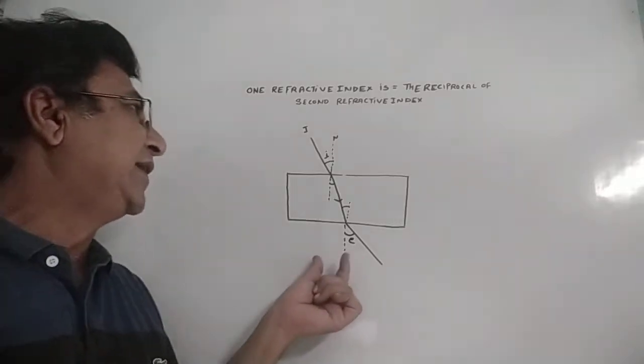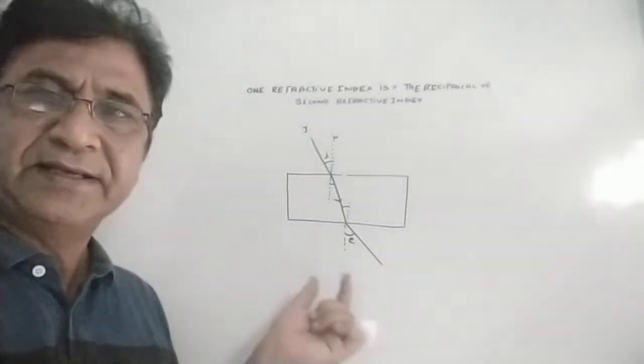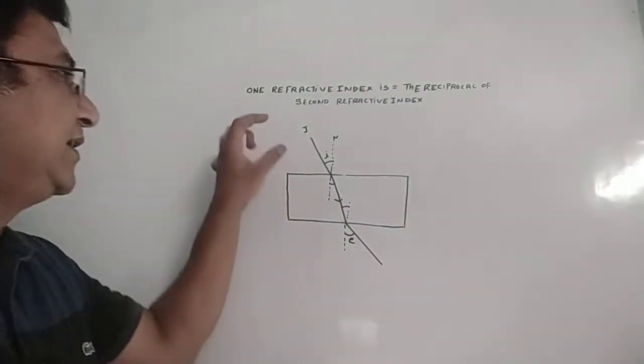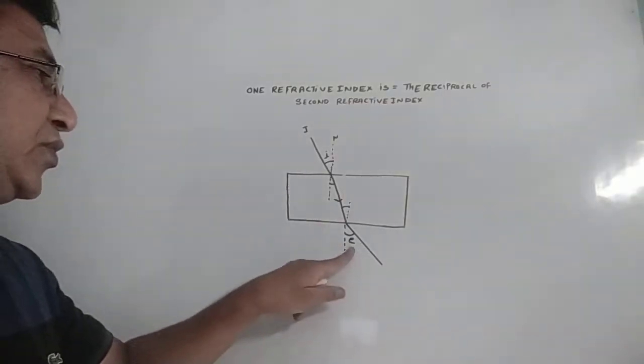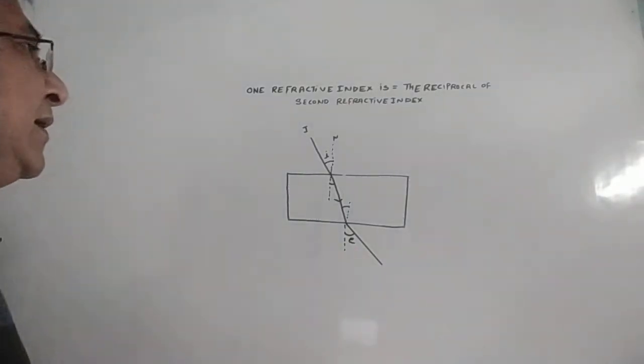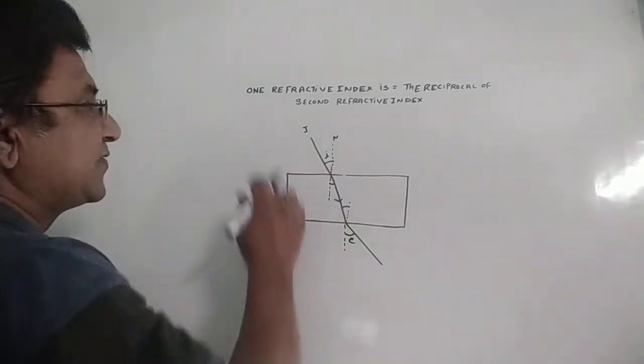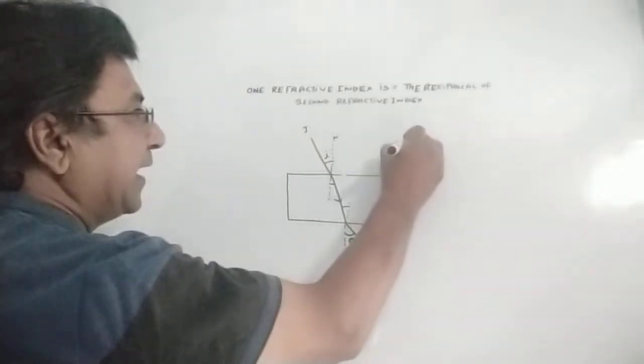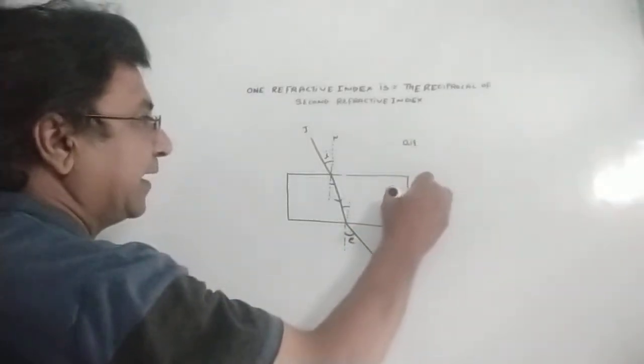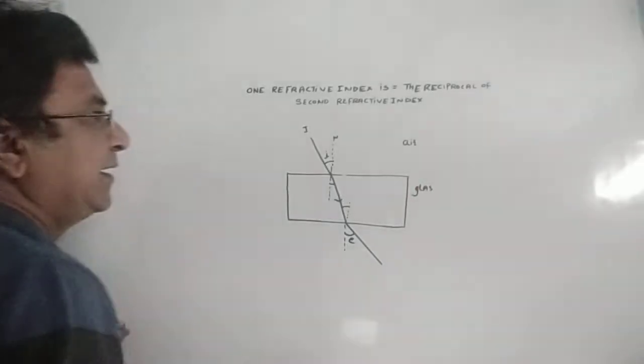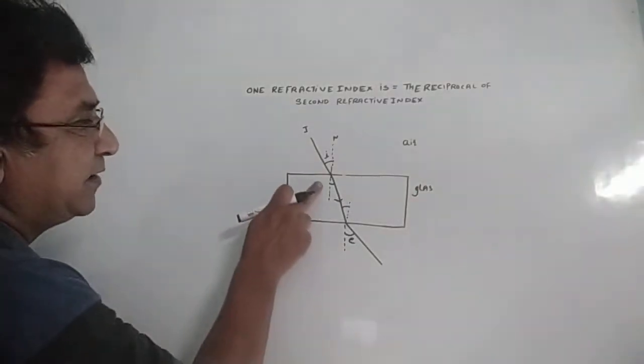In the last video we discussed the law of reversibility. In that section we equalized the angle of incidence to the angle of emergence, right? So let's first go from air to glass. When the ray is moving from air to glass, the refractive index is written with the symbol N, with A at the foot on the left side and G on the right side, meaning the ray is moving from air to glass.